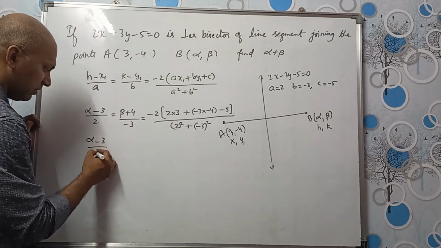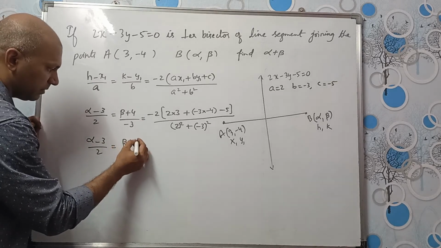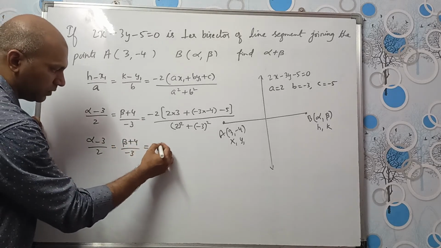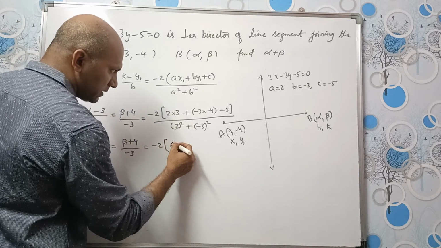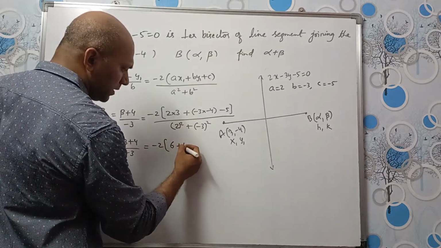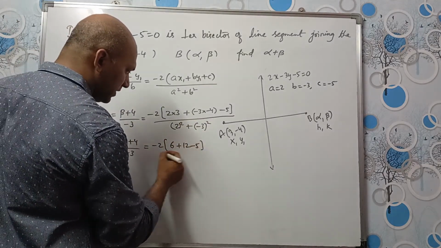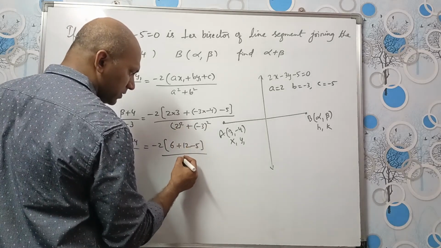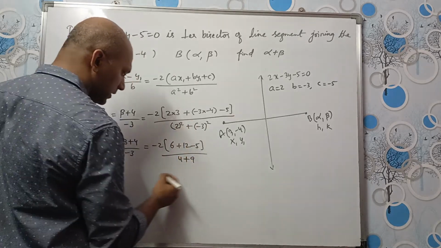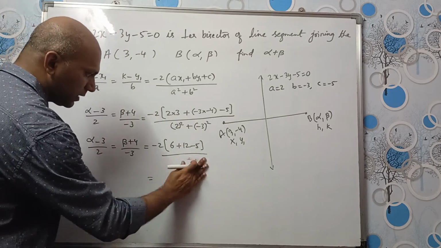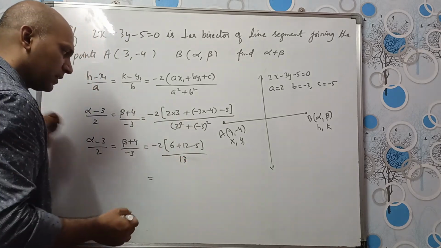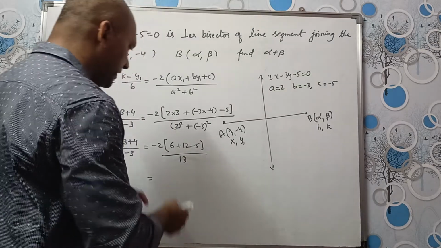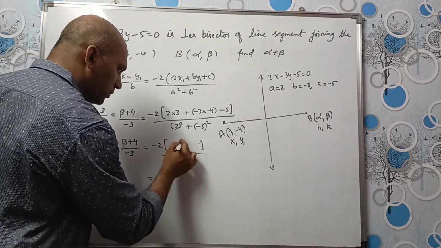Alpha minus 3 by 2 equal to beta plus 4 by minus 3 equal to minus 2 times this: 6 plus 12 minus 5 divided by 2 square is 4 plus 3 square is 9, so 4 plus 9, 13. This is 13. 18 minus 5 is also equal to 13.